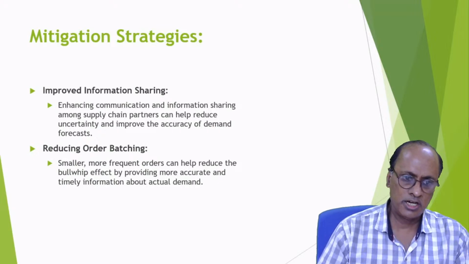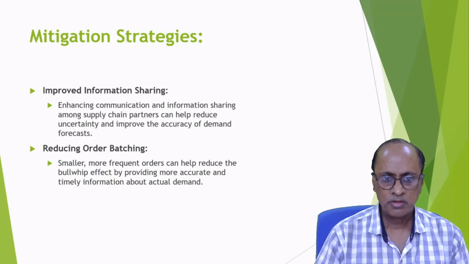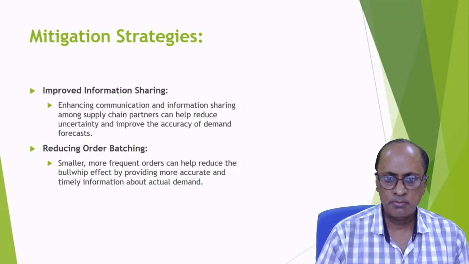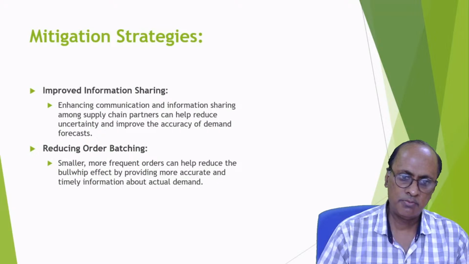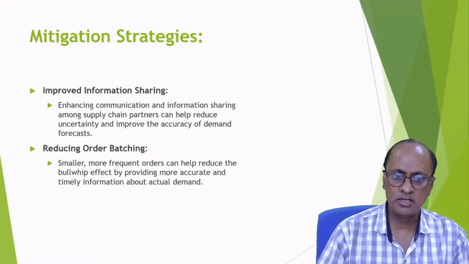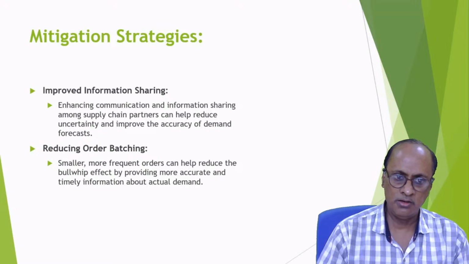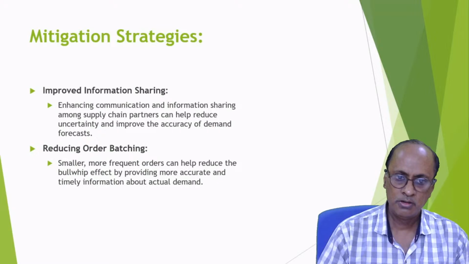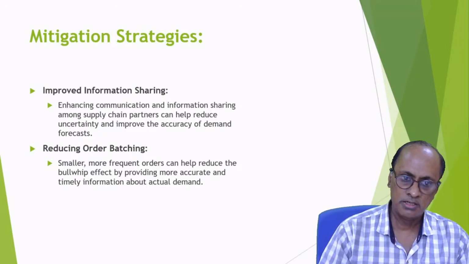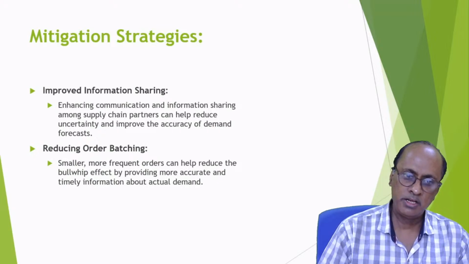Improved information sharing, enhancing the communications and information sharing among the supply chain partners, can help to reduce uncertainty and improve the accuracy of demand forecasting. If the communication and information sharing is seamless across the supply chain partners, we can mitigate the problem.